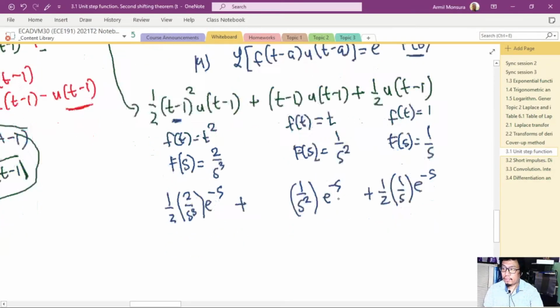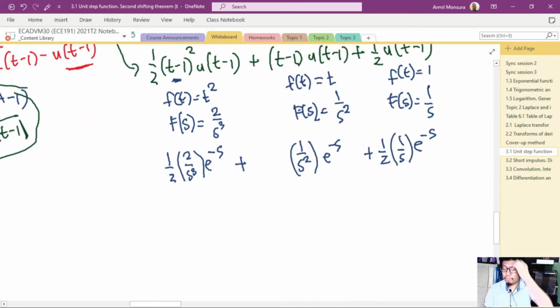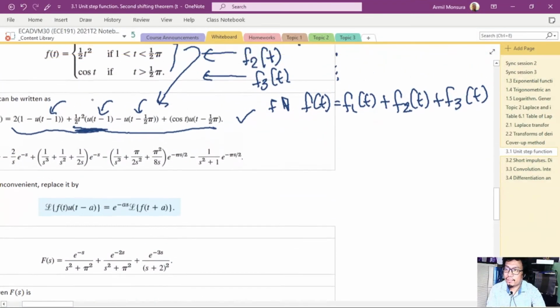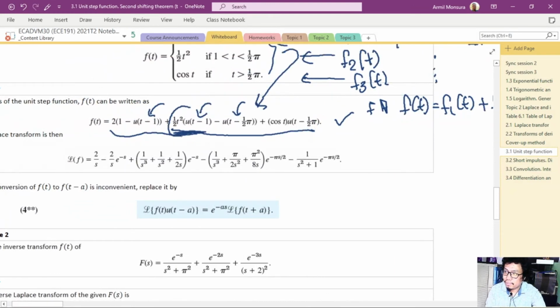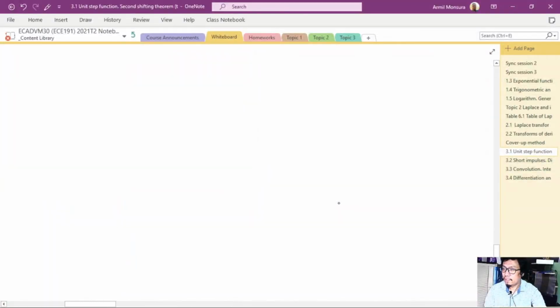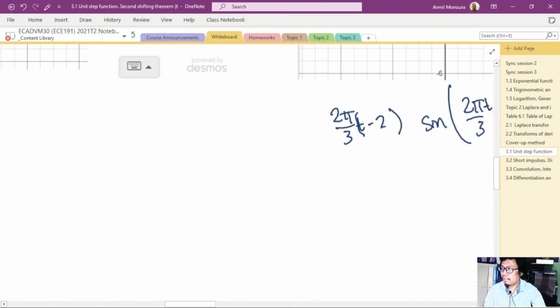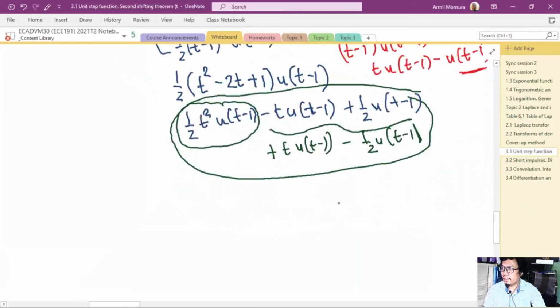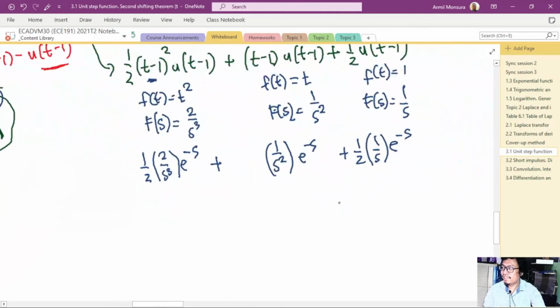So simplifying everything for this particular term, that is essentially 1 over s cubed, plus 1 over s squared, plus 1 over 2s.